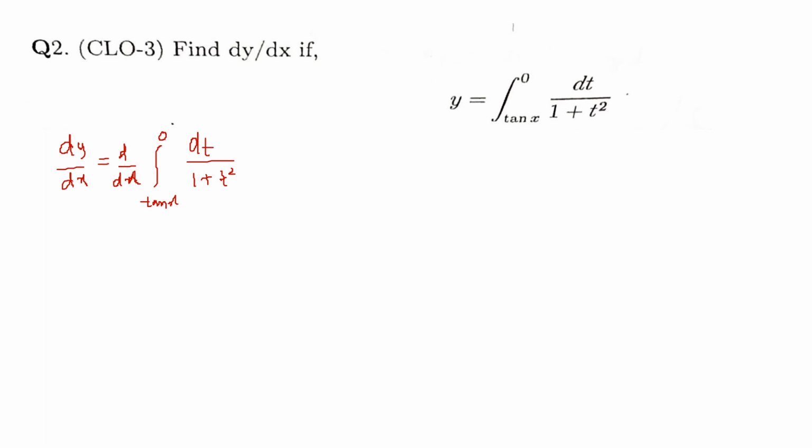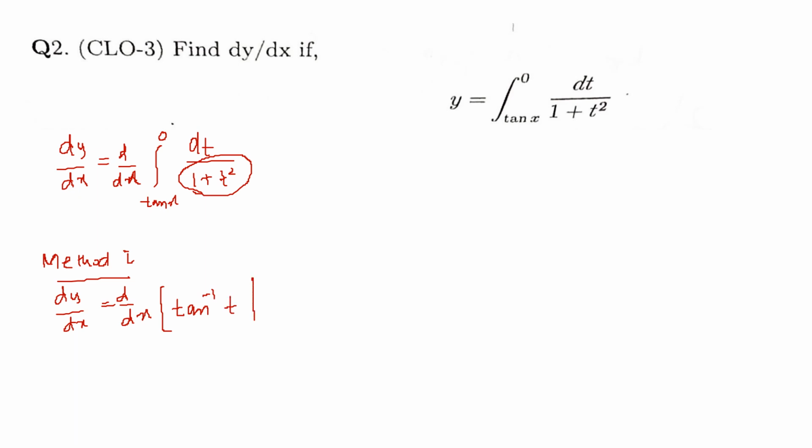In the first part, dy by dx is d by dx of the integration of 1 over 1 plus t square, which is tangent inverse t, since our variable of integration is t, and the limits of integration are from tangent x to 0.